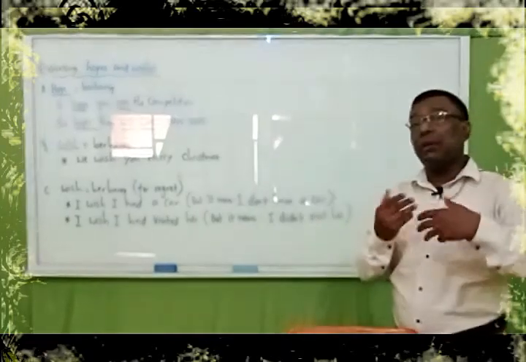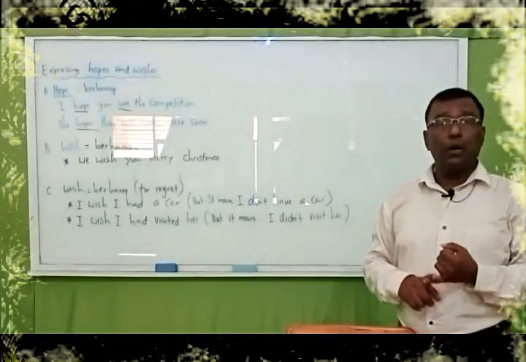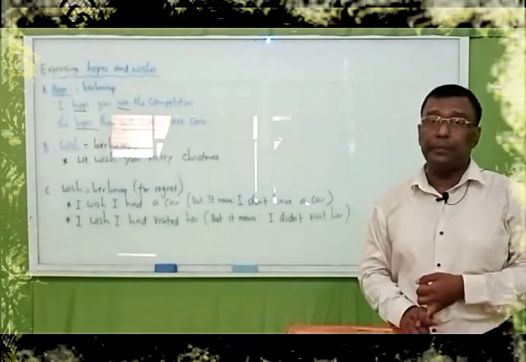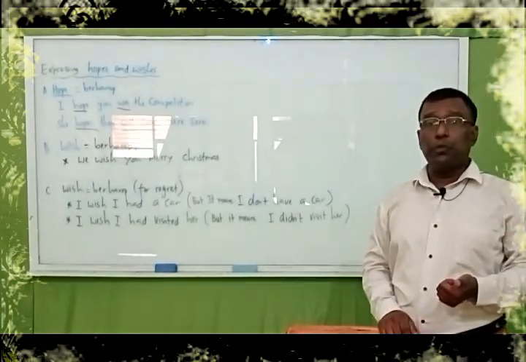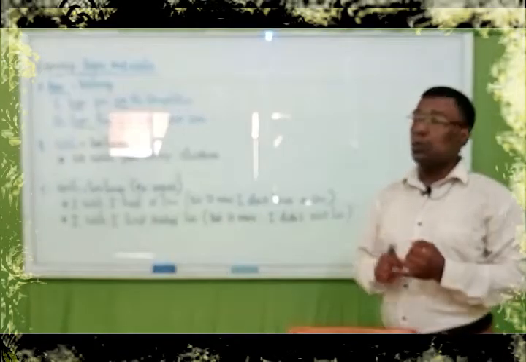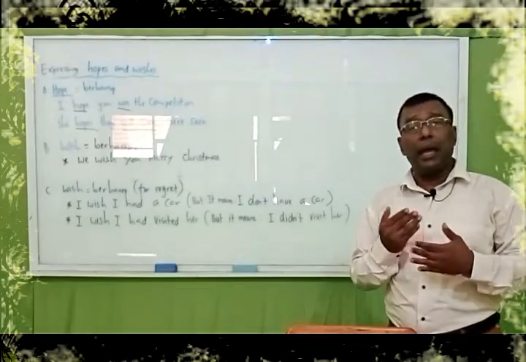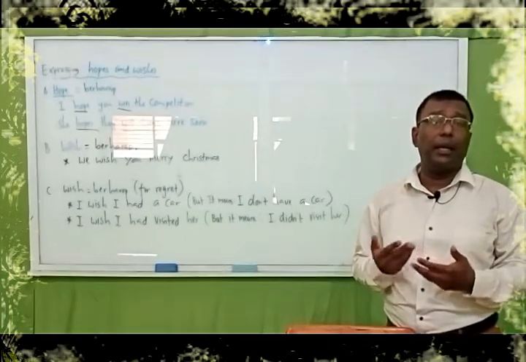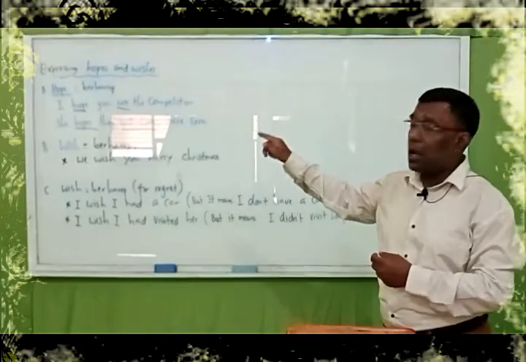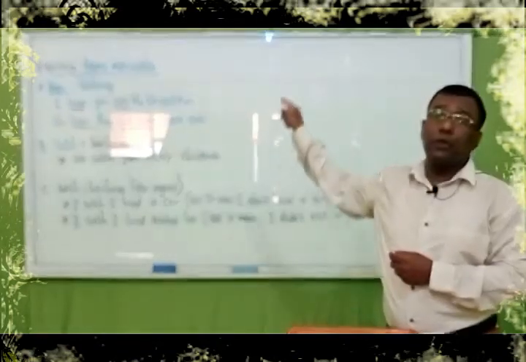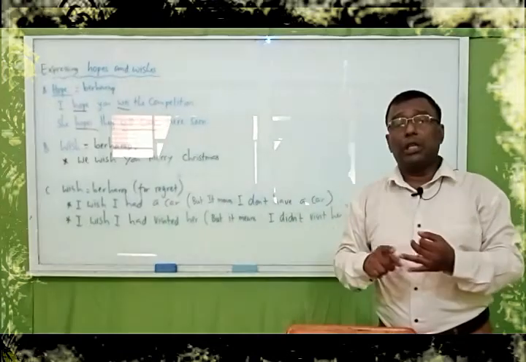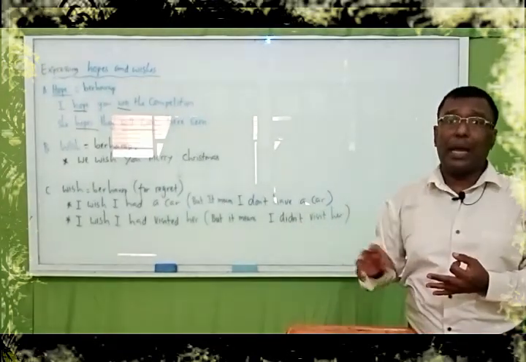The second example is she hopes they will come here soon. So hopes here is verb 1, and as we have learned again and again, we add s to the word hopes because of the subject, third singular pronoun, she, he, it, plus verb 1, s and es.